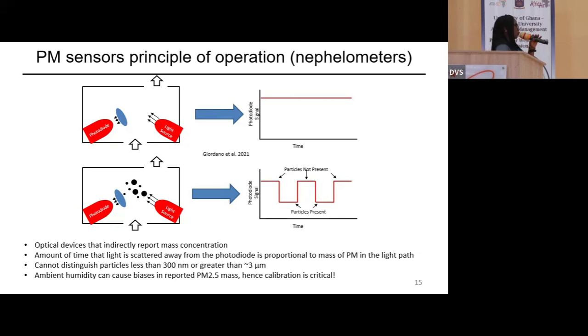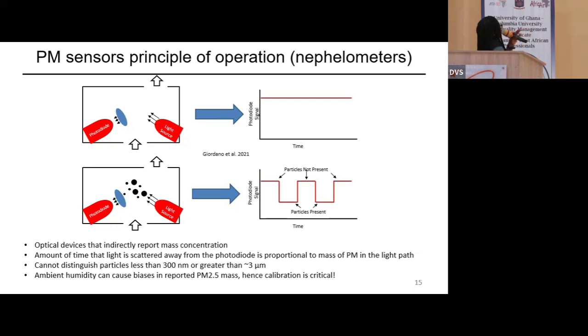So for one PM, one particulate matter, it will just scatter once. For as many as the dust particles, it will replicate as many scatterings.